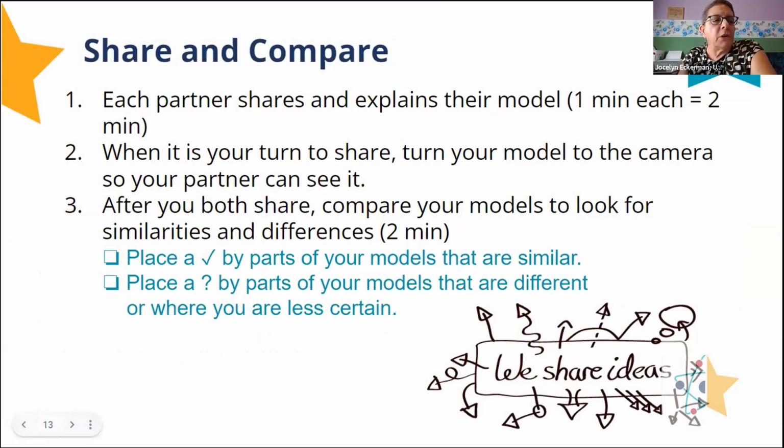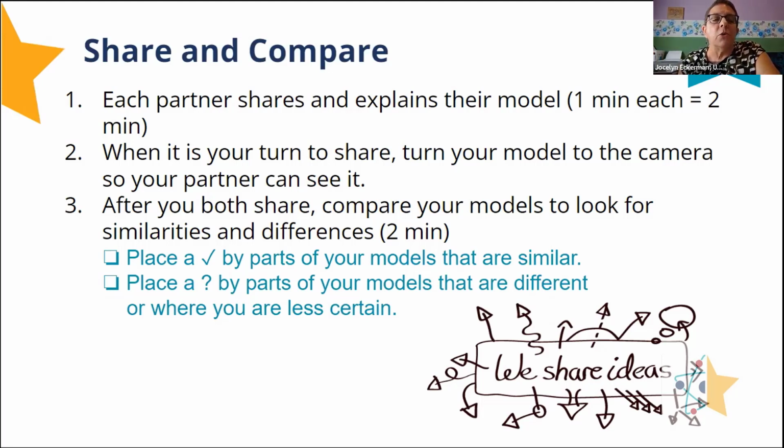So when we share and compare, here's the structure we're going to use to share out our thinking. And you'll again have a total of 4 minutes in your groups. Each partner shares and explains their model for about 1 minute each. Just be sure, since we're virtual, if you're not with a partner who's right there next to you, just be sure you're turning your work to the camera so that people can see what you're explaining.